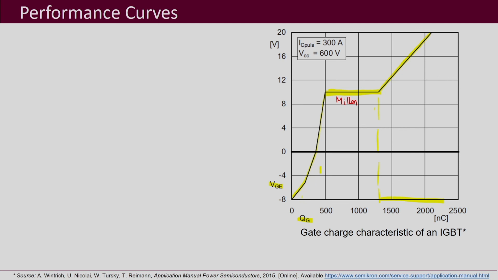So this region is associated with the charging of the gate to emitter capacitance, and this Miller part is mostly associated with the gate to collector capacitance being charged, which also acts as the Miller capacitance. Then further it is the gate to emitter capacitance which gets charged after this point.